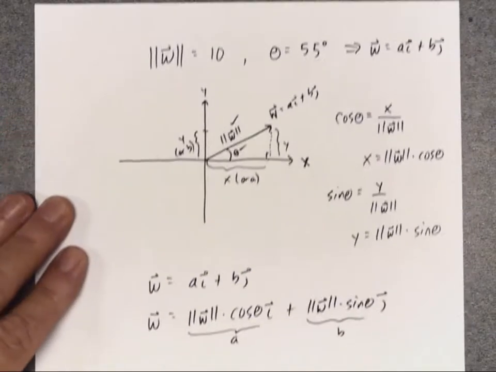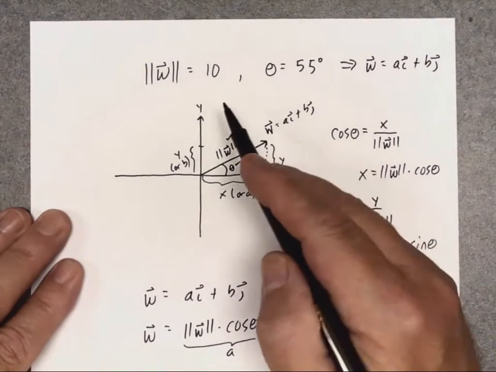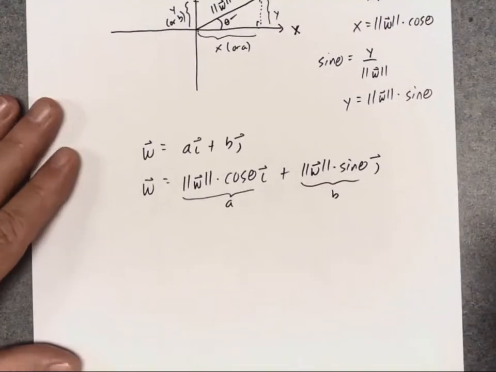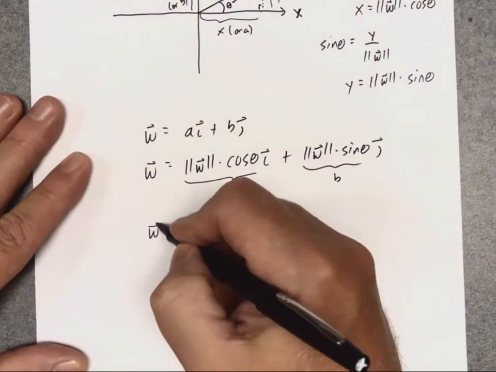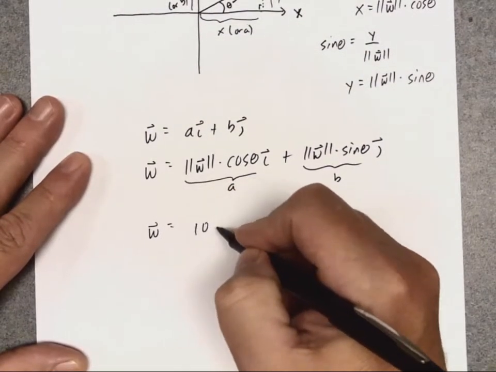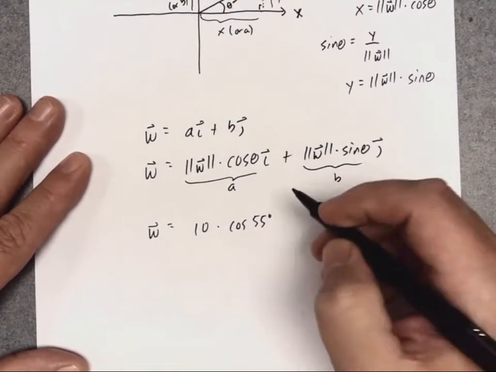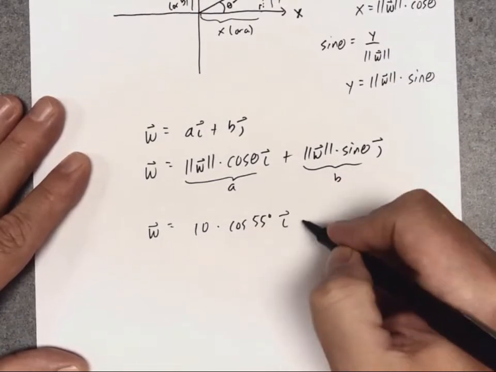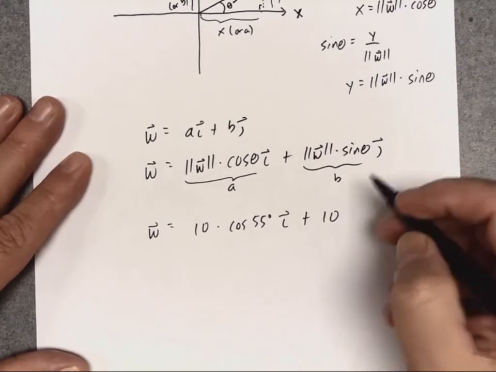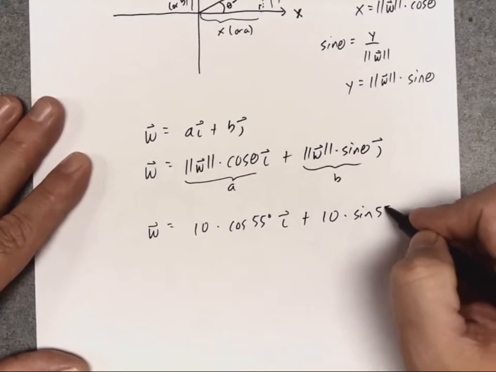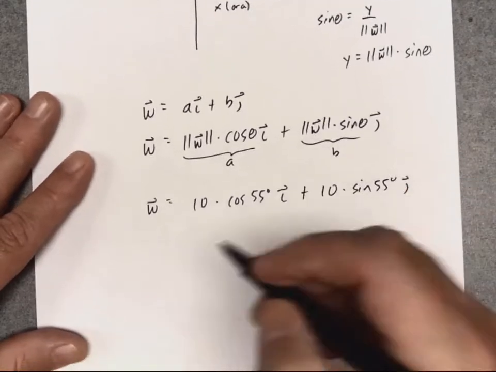So for the problem we were given, magnitude of 10, angle of 55 degrees. Magnitude of 10 times the cosine of 55 degrees. That's the I part, plus magnitude of 10 times the sine of 55 degrees. That's the j part.